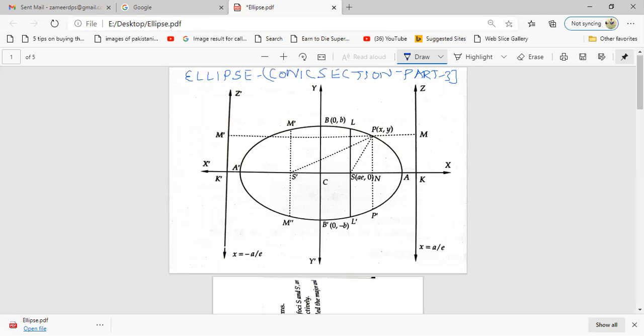In parabola, this line is not coming down, it is going up and up to infinity. Here it is a different case.